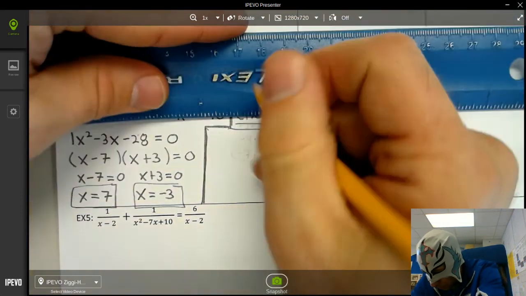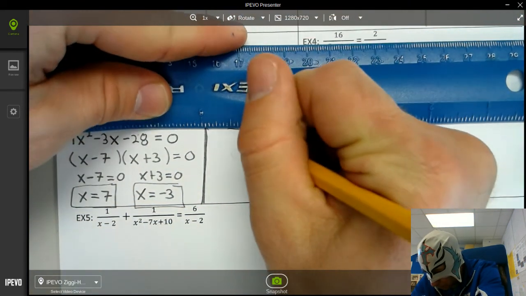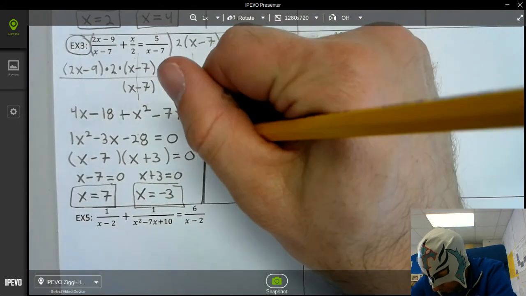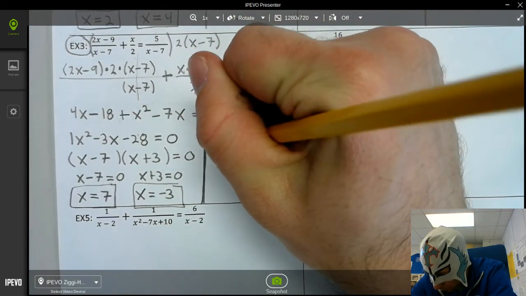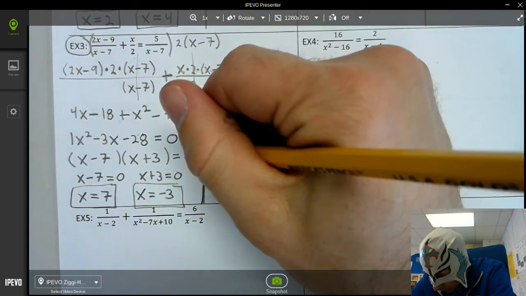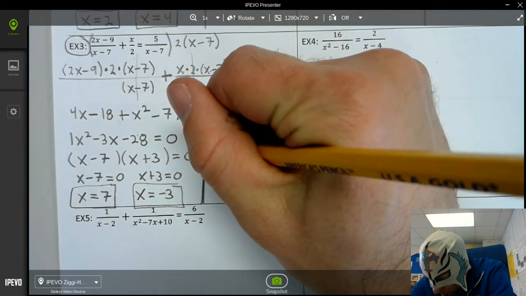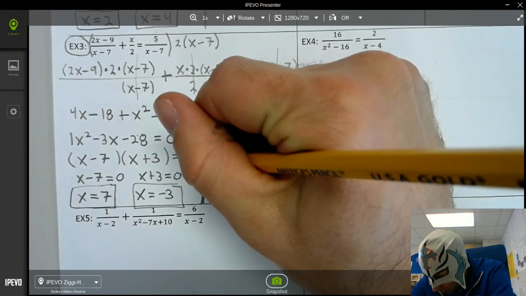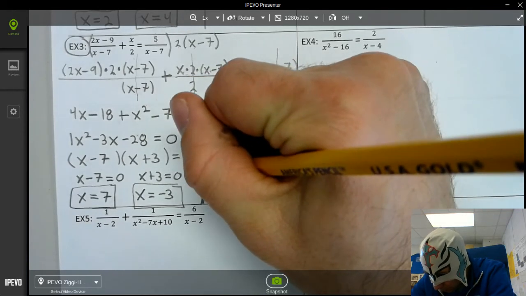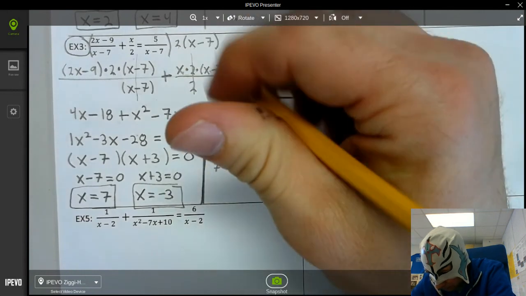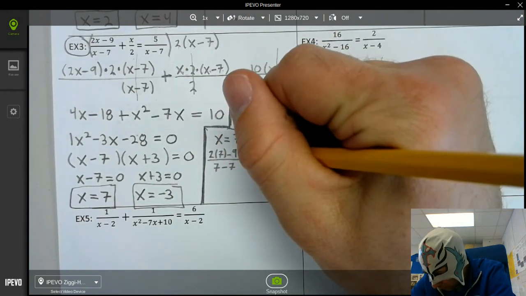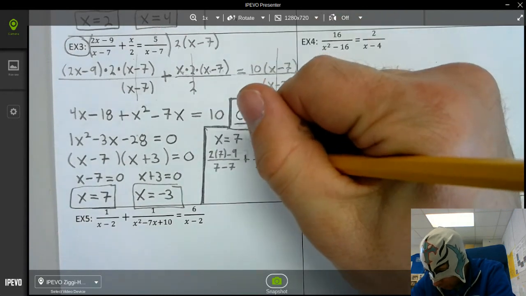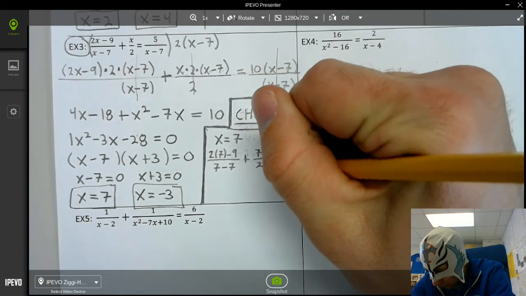So that's 2 times 7 minus 9 divided by 7 minus 7 plus 7 divided by 2 equals 5 divided by 7 minus 7.